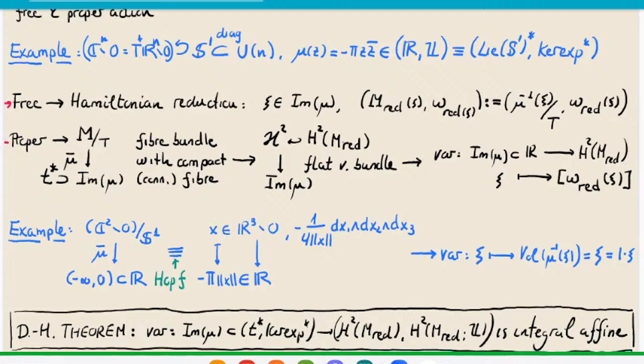And then you can use the properness assumption to basically put all the symplectic reduced spaces together and be able to compare the corresponding reduced symplectic forms at the cohomological level. So more explicitly, the properness assumption is going to tell you that M quotient T, with the induced map coming from the momentum map, is going to be a fiber bundle with compact fiber, actually with connected fiber.